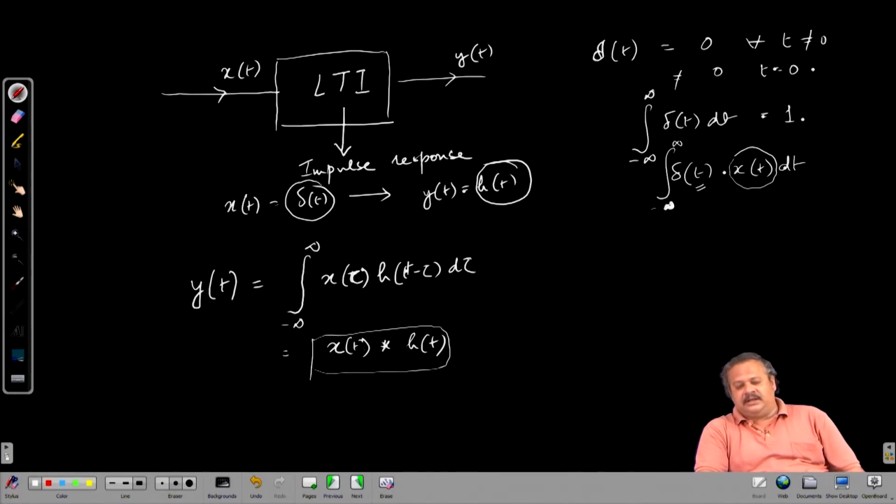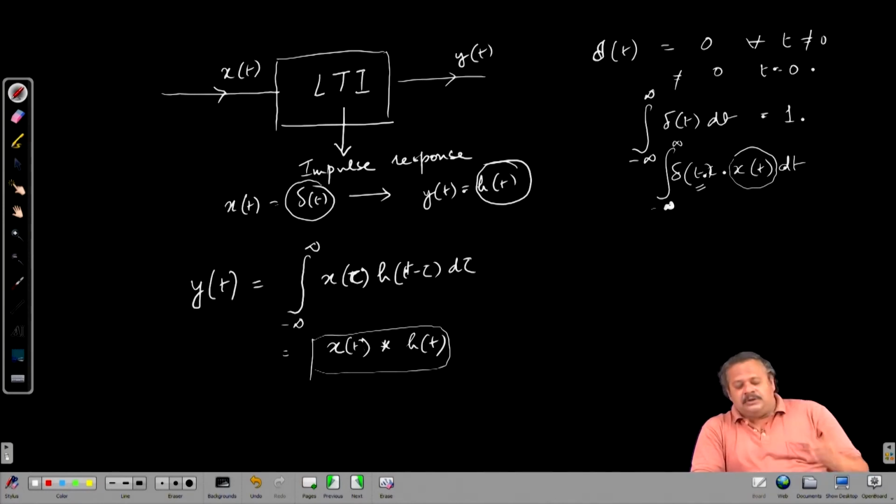So, it is essentially x(0), and if we shift it, if it is t minus tau, then it is an evaluation of x(t) at tau.